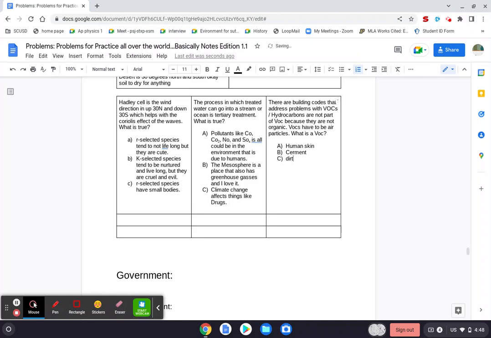Dirt. Dirt could have it, but it's not. And ice. Ice is not part of it. I can definitely say ice is not alive. It's definitely just a frozen block of shenanigans. Water vapor could be in there too.